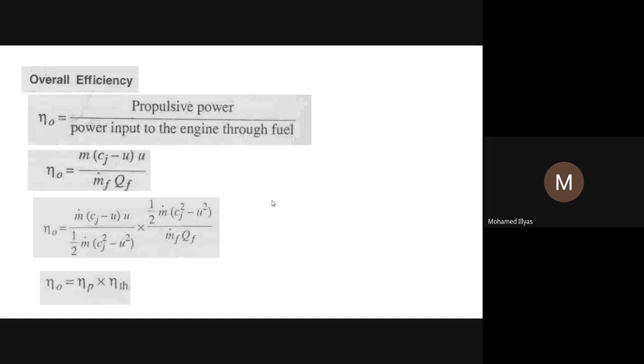These three performance parameters we call efficiencies, and we'll be using them. And like in our internal combustion engines, we have some other performance parameters. Specific fuel consumption: TSFC means thrust specific fuel consumption. That is nothing but mass flow rate of the fuel per unit thrust produced.